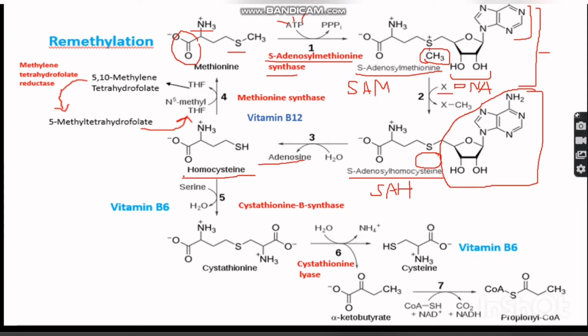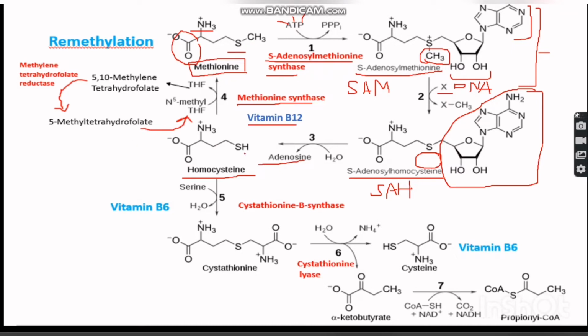This homocysteine can be directly converted into methionine again by the enzyme methionine synthase, and this enzyme requires a cofactor, that is vitamin B12. So how does homocysteine regenerate methionine?